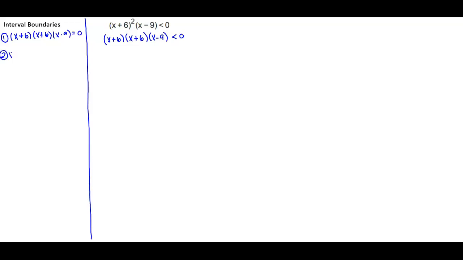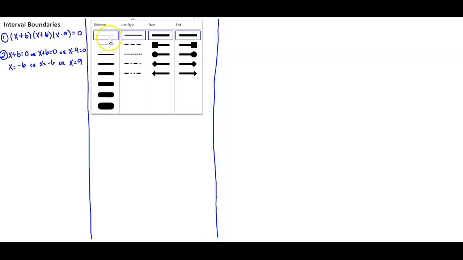So x plus 6 equals 0, or x plus 6 equals 0, or x minus 9 equals 0. So x equals negative 6, or again x equals negative 6, or x equals positive 9. Now we've determined what our interval boundaries are going to be.